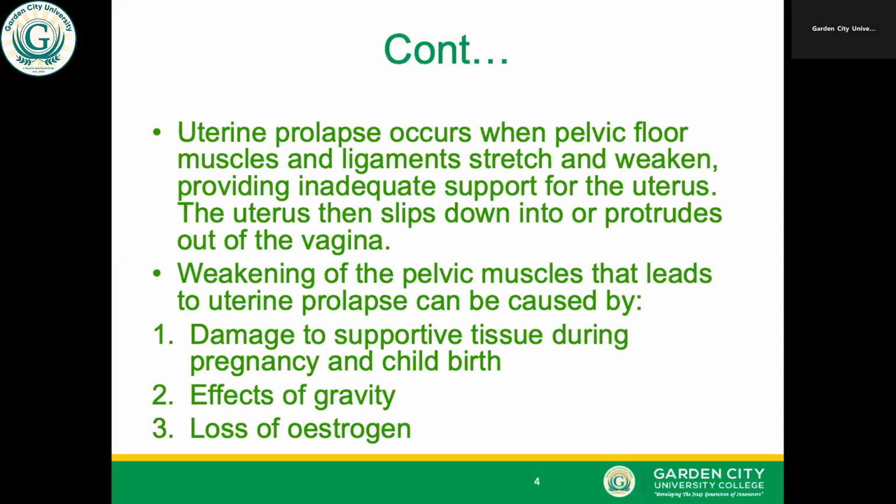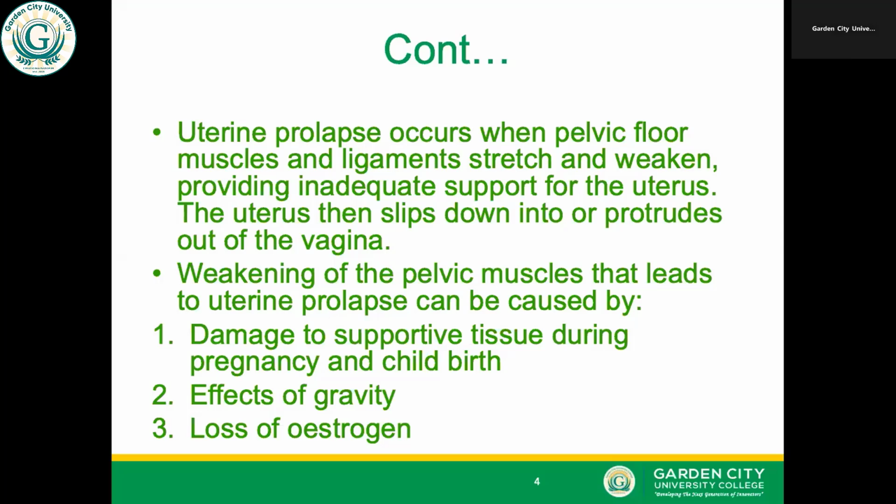So uterine prolapse, as I earlier explained, is when the ligament supporting the uterus becomes weakened, then the uterus tries to protrude down into the vagina or out of the vagina. So that's uterine prolapse, when the muscles supporting the uterus become weakened.